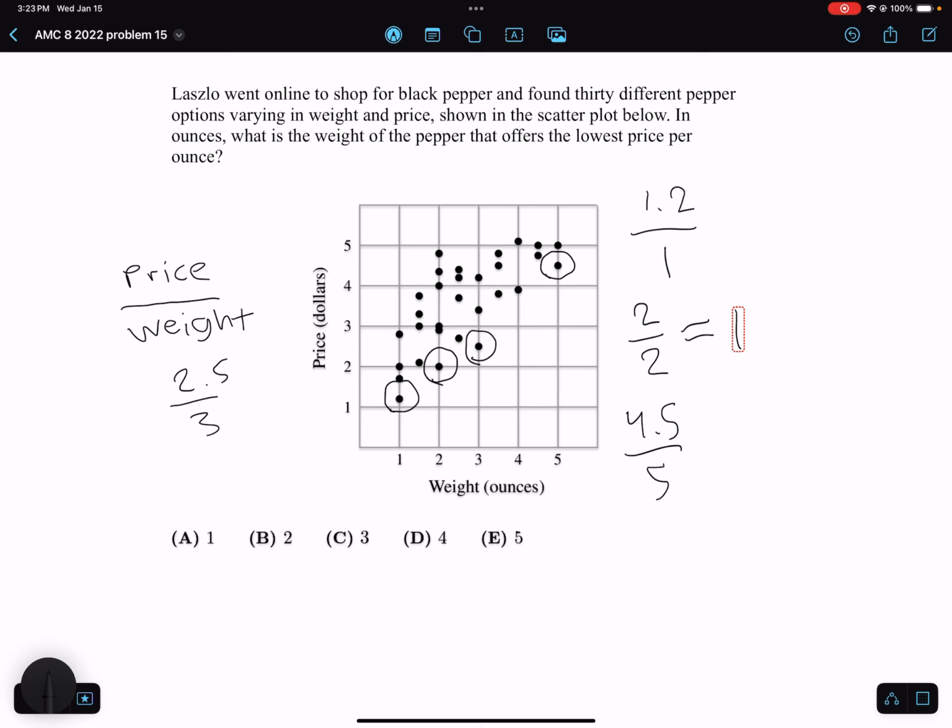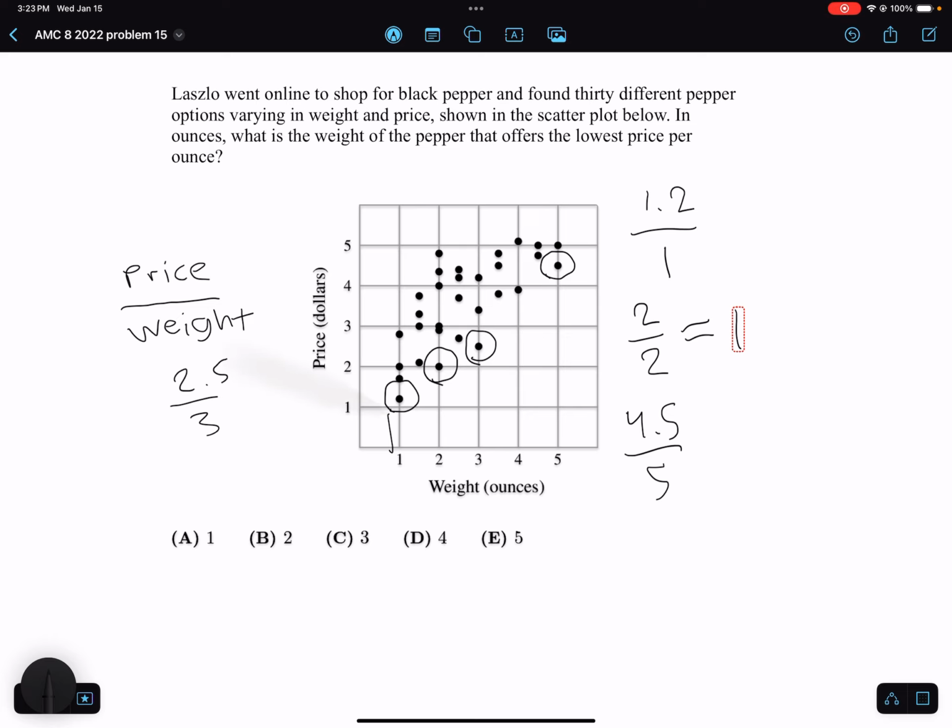And we can confirm that's as small as we can go by looking at some of the other points here. We can look in the 2 range. There's that 2, comma 2 again, and we have 3, comma 2, which is obviously way too big. There's nothing in the weight 2 ounce range that has a price lower than $2. Same for the weight 1 range.